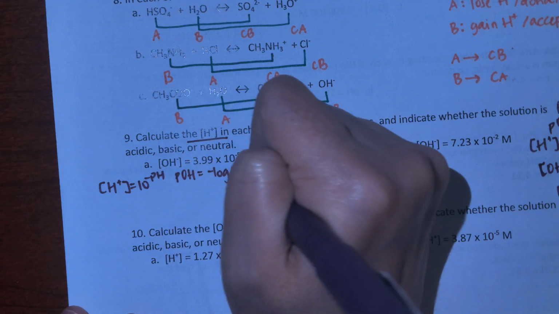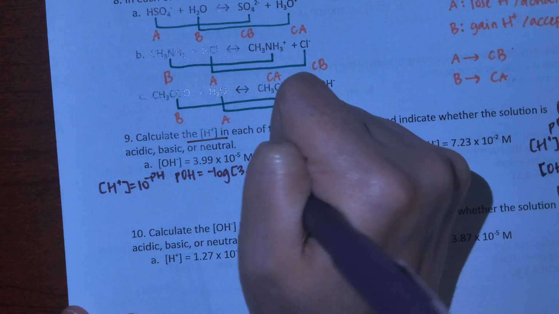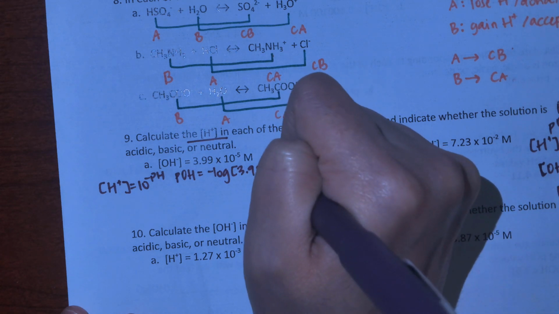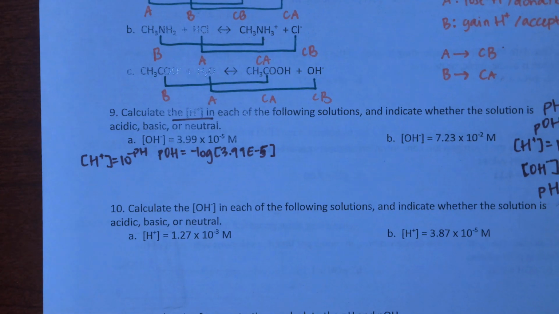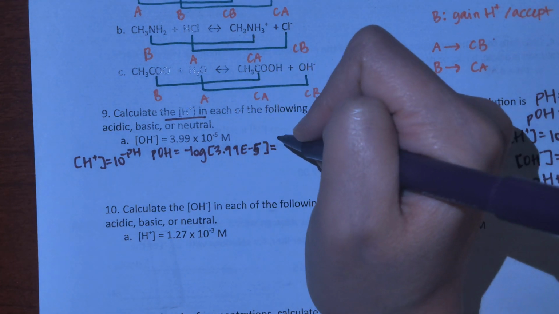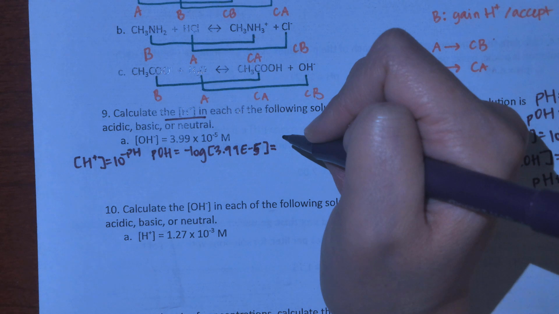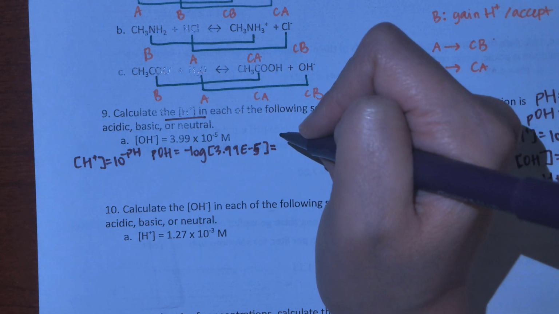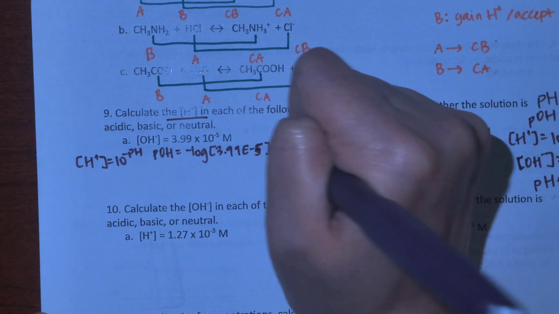Negative log of 3.99. I'm going to do E. That's the calculator. Okay, 3.99 times 10 to the negative 5. So when you do that, plug that in, you should be able to get 4.4.